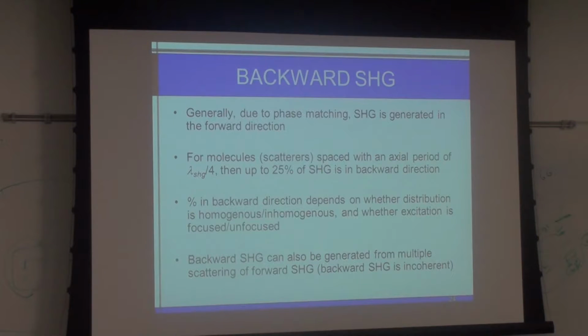The amount that comes in the backwards direction depends on the distribution of scatterers and the tightness of focus in that medium. But generally, you have backward SHG, because we use it a lot for imaging, simply because you have regular scattering. Some of the light that's propagating in the forward direction hits scatterers and eventually comes in the backscatter direction.